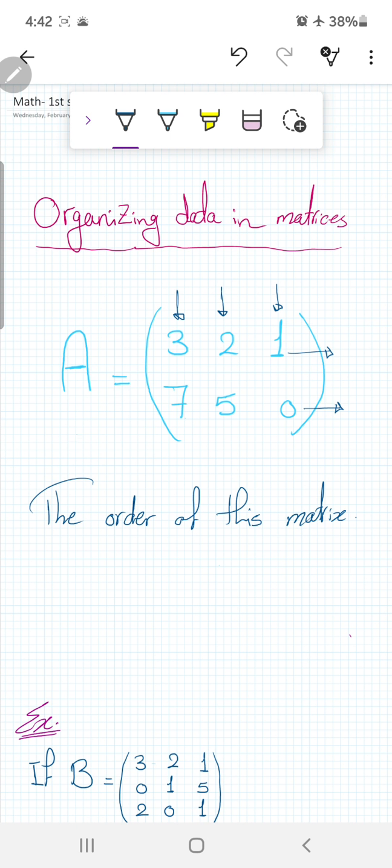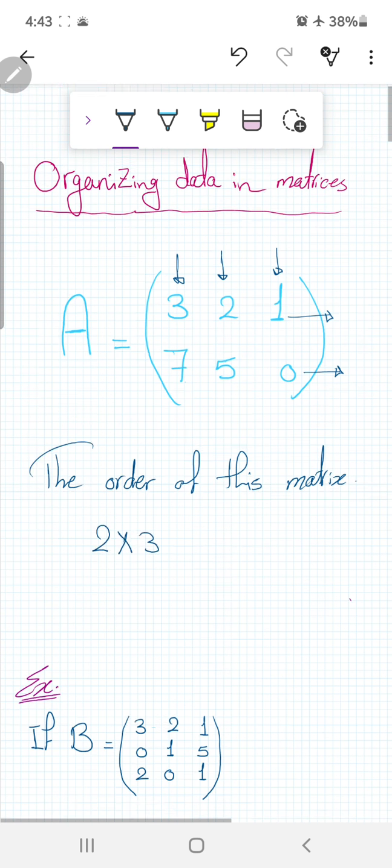In our matrix here, we have two rows, so 2 multiplied by the number of columns. Here we have how many columns? 1, 2, 3. So the order of matrix A is 2 multiplied by 3.